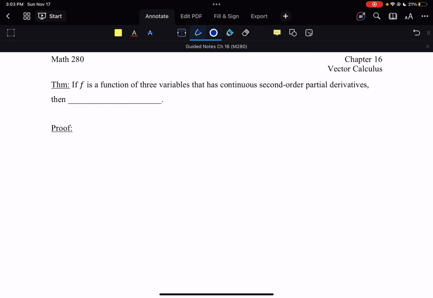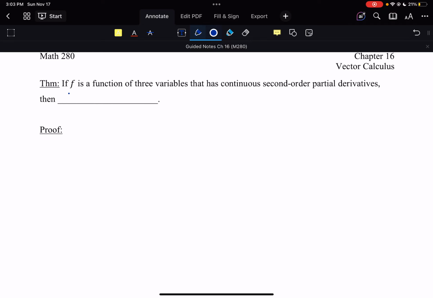If f is a function of three variables that has continuous second-order partial derivatives, then the curl of the gradient of f equals the zero vector. So the curl of a gradient vector field will be 0.